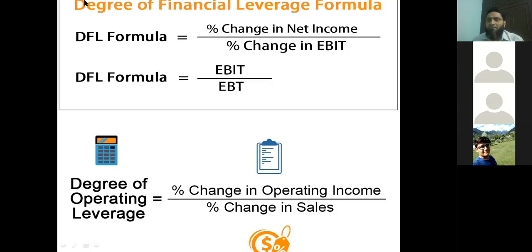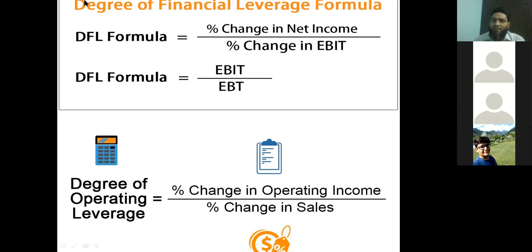Similarly, there is operating leverage ratio. Operating leverage means suppose you came to know the expected increase in sales of a company is 20%. So do you think 20% will be the change in profit? No. It depends upon the fixed and variable cost composition of the company, and this composition varies from company to company.